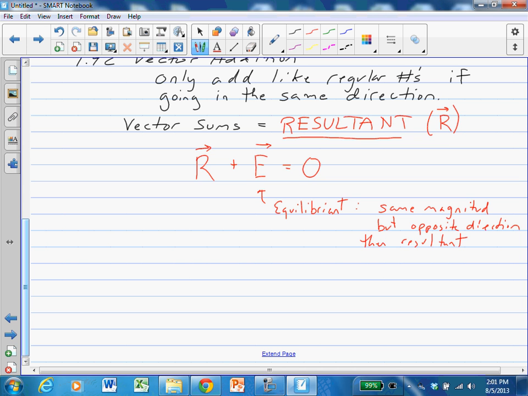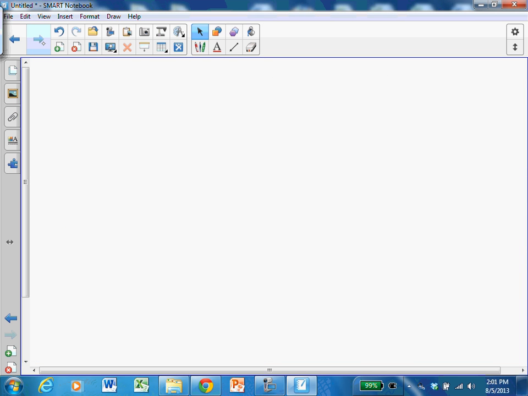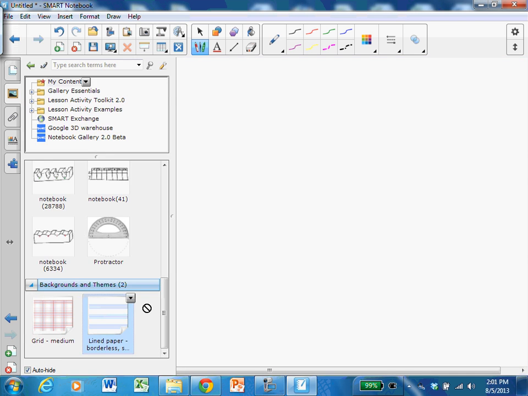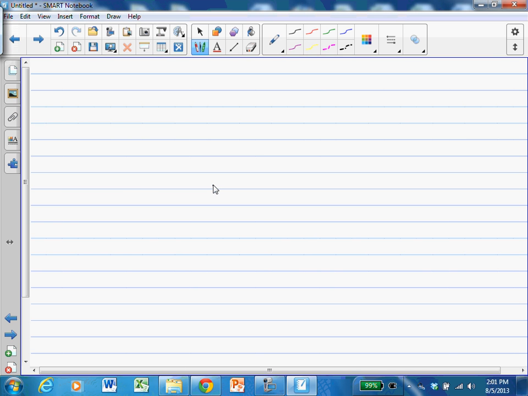Okay, let's look at graphic addition of vectors. If a set of vectors all drawn to a scale with reference to a common coordinate system can be added graphically.